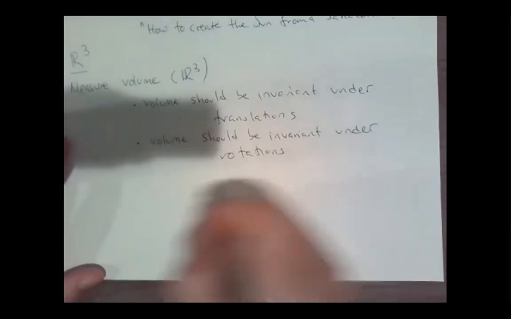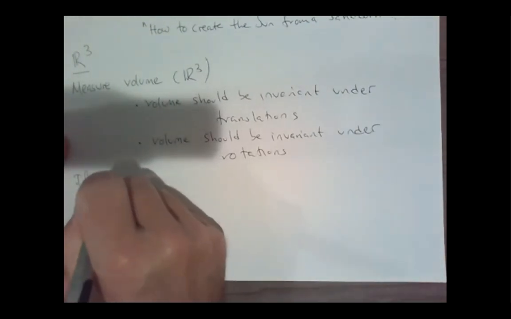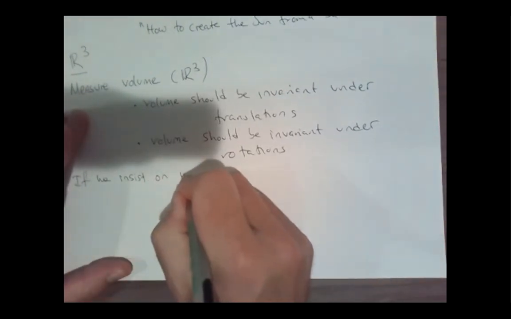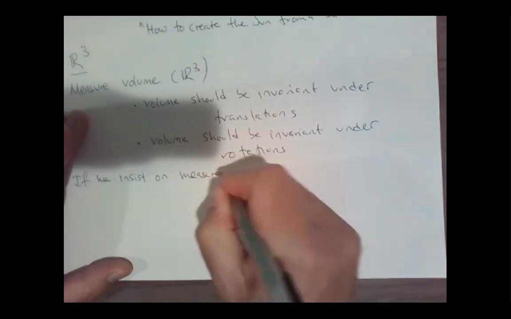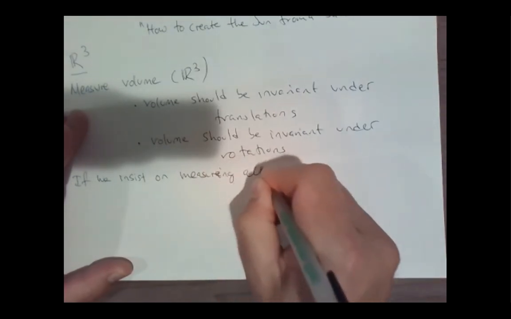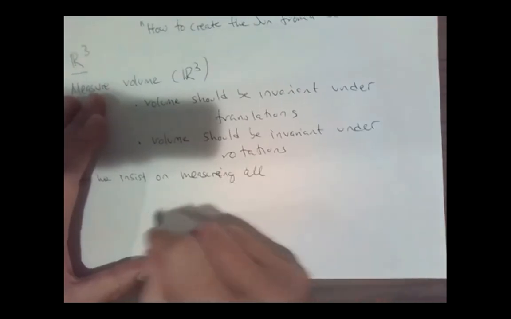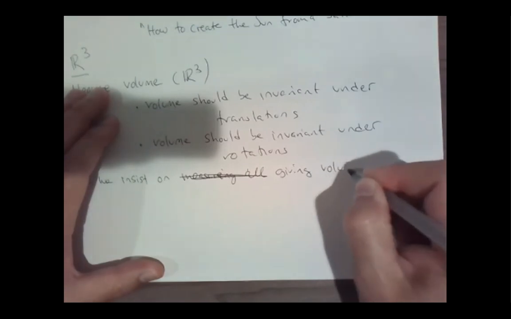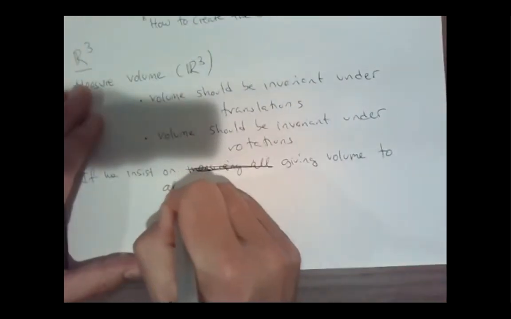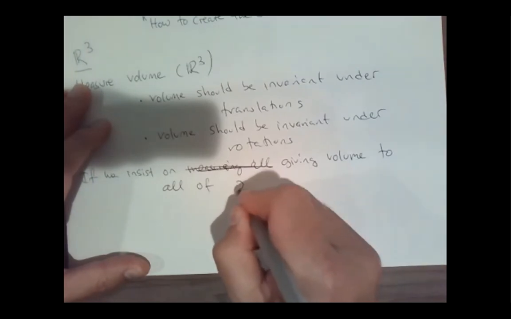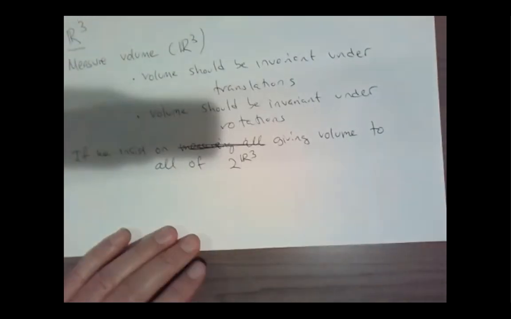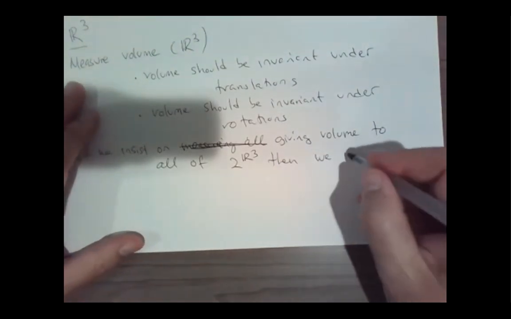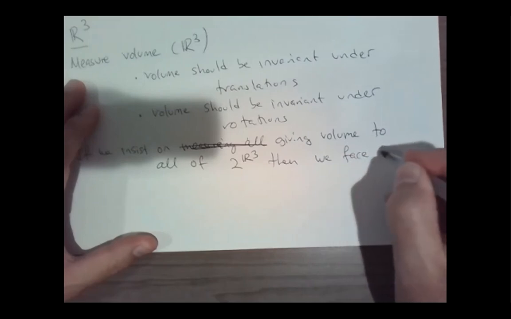Okay, so here's the paradox. If we insist on measuring all, that means if we insist on giving volume to all of this, 2 to the R3, well, then we face a paradox.